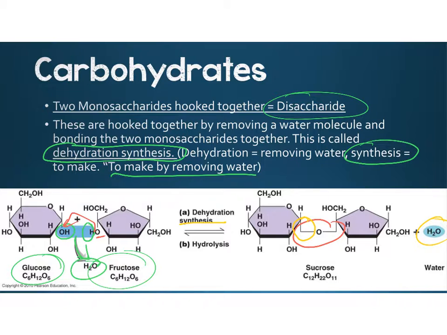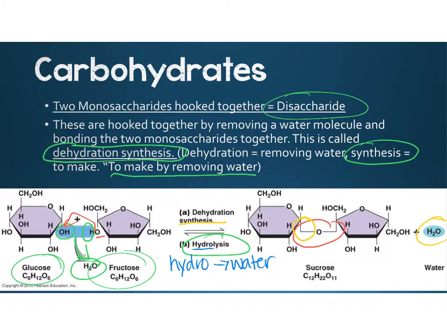We do this by adding the water back in. That is called hydrolysis. Now, that word kind of breaks apart too. Obviously you see the word hydro there, meaning water.